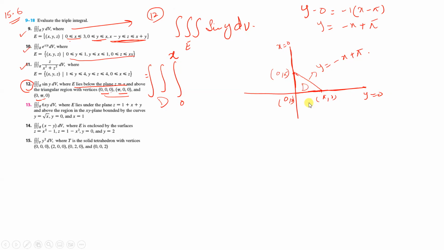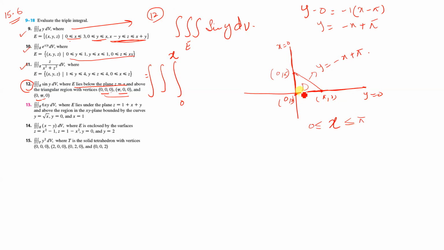So for region D, let's figure out the upper and lower limit for x. You can see that the minimum value of x in this region is 0, so x is greater than or equal to 0. And the maximum value of x in this region is pi, so x is less than or equal to pi.